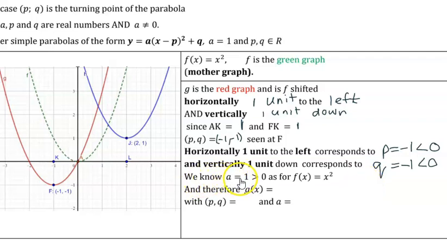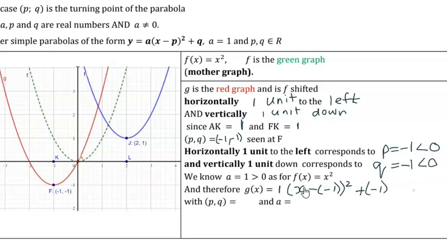Since we know that a is equal to 1 for f of x equal to x squared, we know now that g of x is 1, and then we say (x minus our p value, which is now minus 1) squared, and our q value is also minus 1.